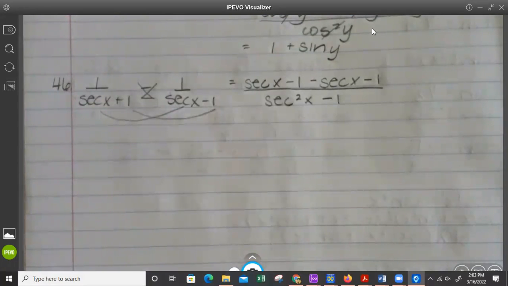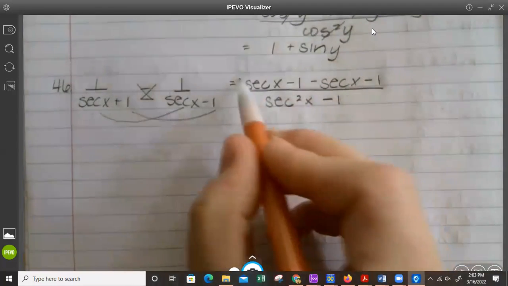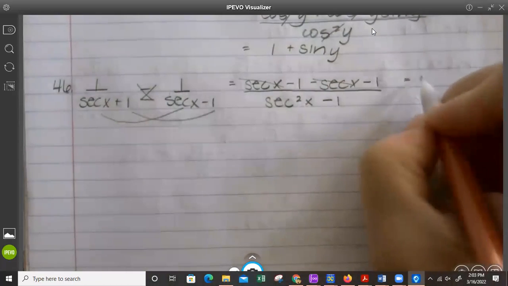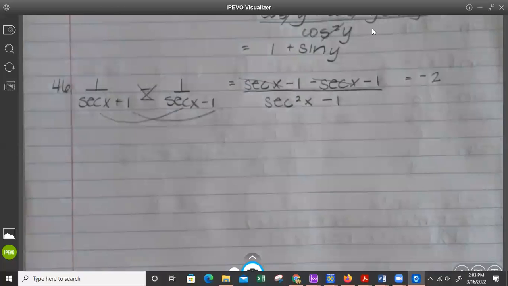Tell me some things that happen. We have a positive secant x and a negative secant x. You could put the negative ones together, which will give you -2. What do you notice about the bottom? It's a square and a 1, right? So that should trigger, okay, maybe it's a Pythagorean identity.